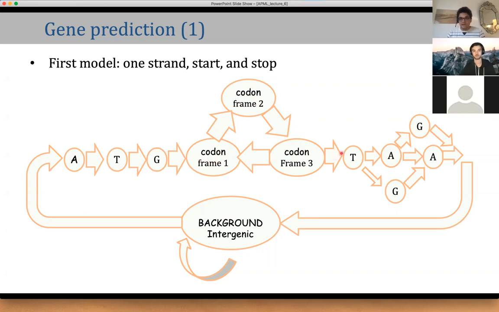And within my codon, I cannot have a stop codon. So the proportion of letters ACGT will reflect the fact that some amino acids and some codons are more favored than the others.